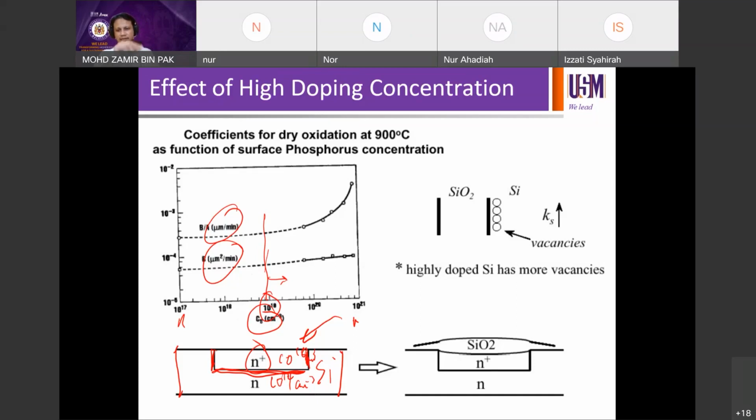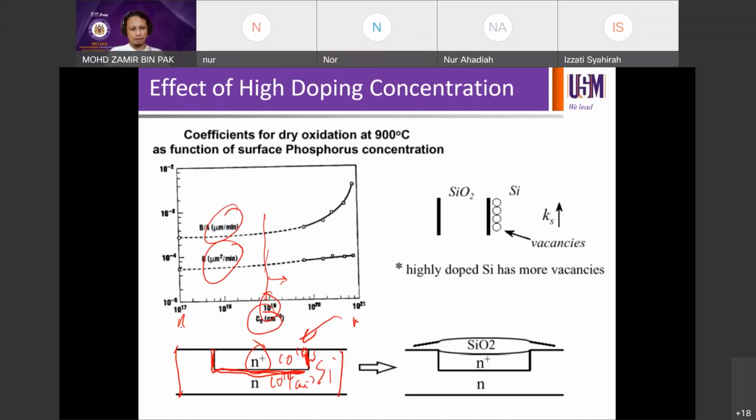How do you use oxide in this case to fabricate or to diffuse this 10^18 small region on the 10^14 wafer? Any idea?